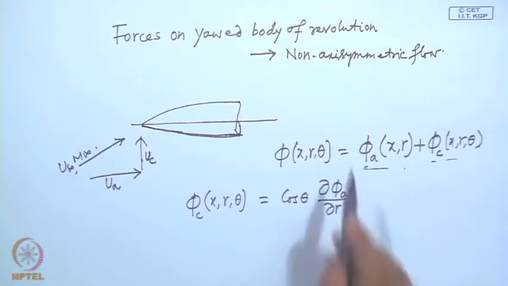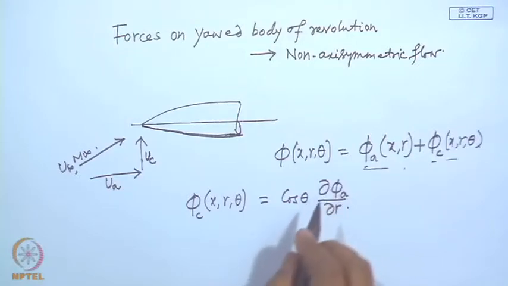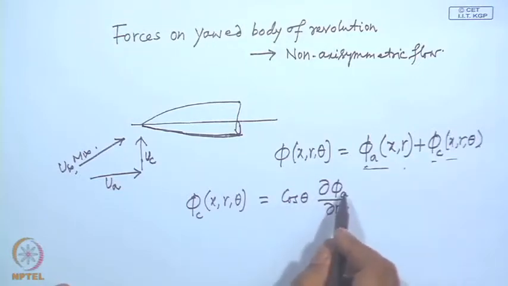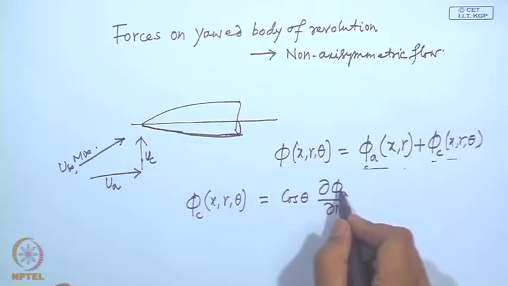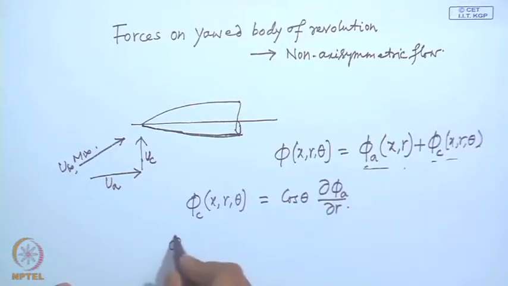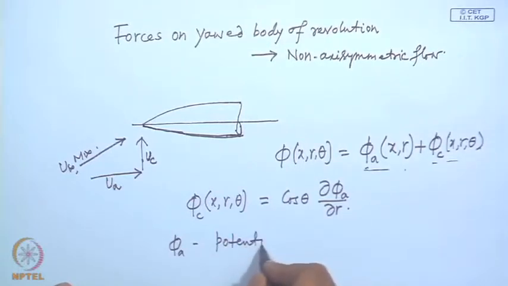Now, in this context we may remember that this axial contribution, that is phi a, which is the solution for axisymmetric flow, represents potential due to a source distribution.